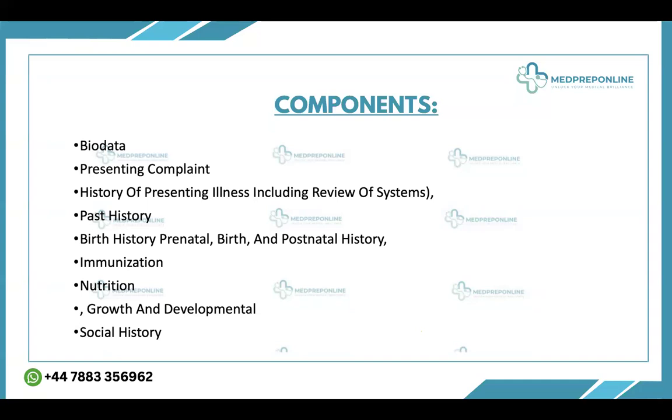So in social history, we combine a lot of things. We talk about the financial history, we talk about the home structure, we talk about any habits that the child has. How many of you have heard the mnemonic HEADS in adolescent history?